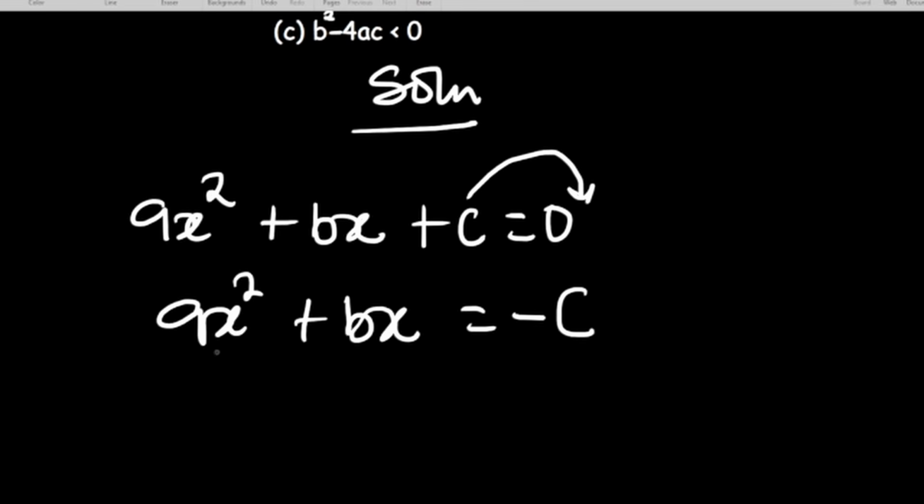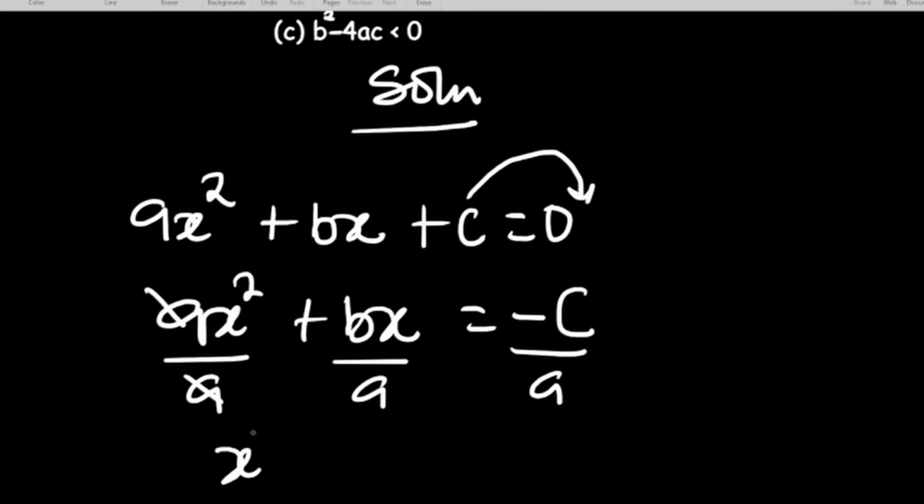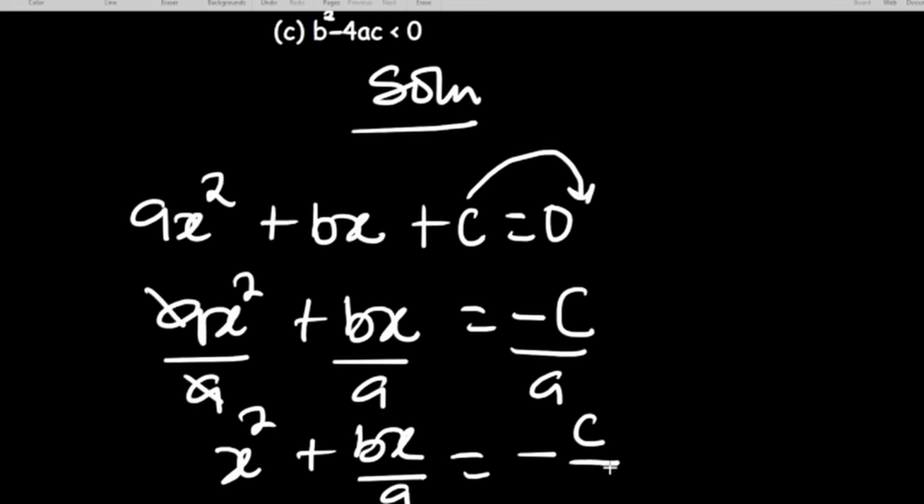The next thing to do is to divide the left-hand side and the right-hand side by a. So this a here cancels out with this, and we are left with x squared plus bx over a. This is equal to -c over a.